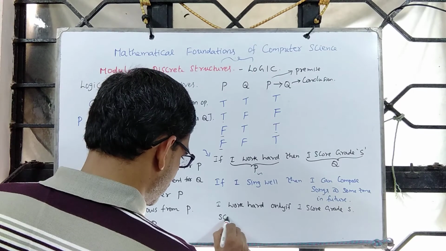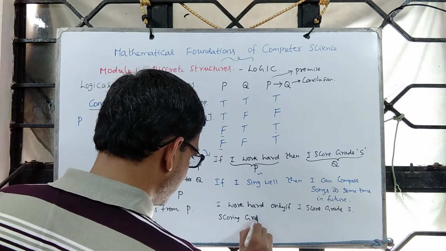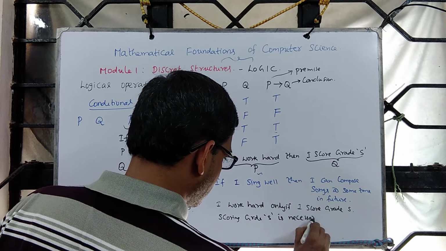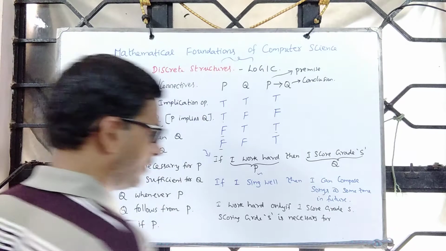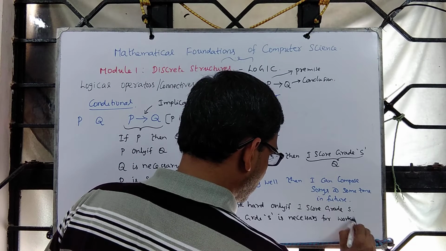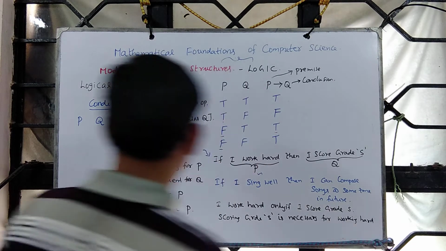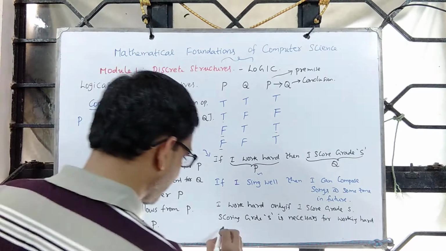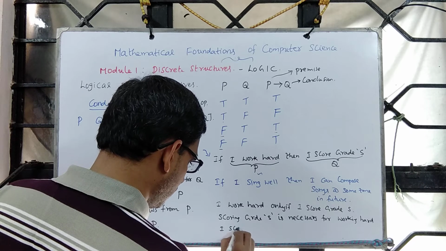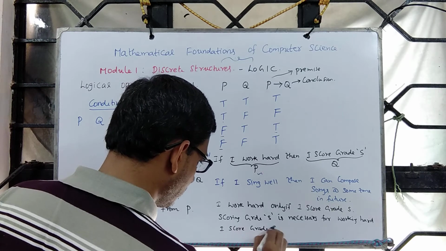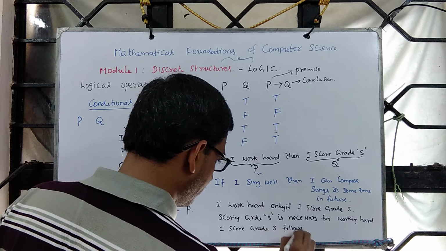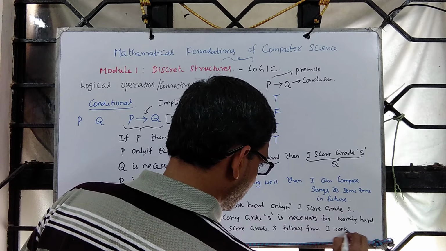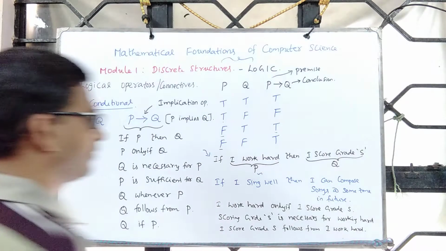Scoring grade S is necessary for working hard. So Q follows from P. I score grade S follows from I work hard.